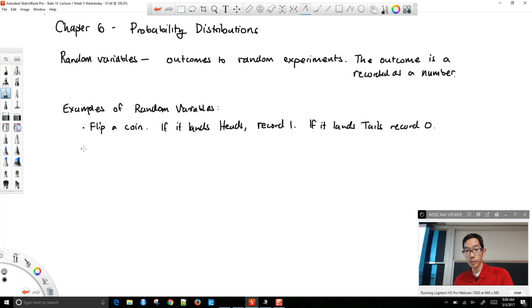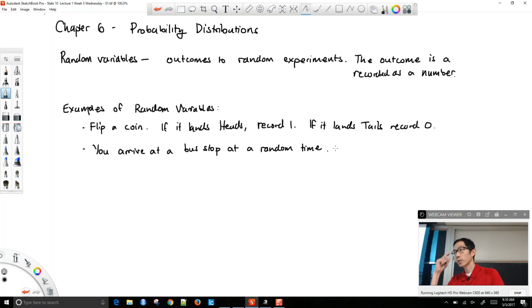Other examples of random variables would be you arrive at a bus stop at a random time. And we record how long you have to wait for the bus to arrive.